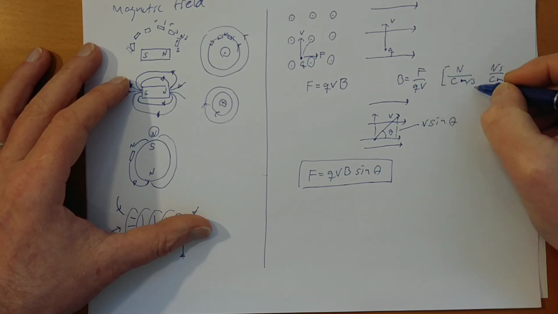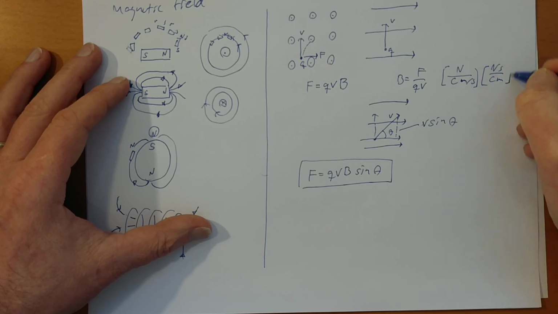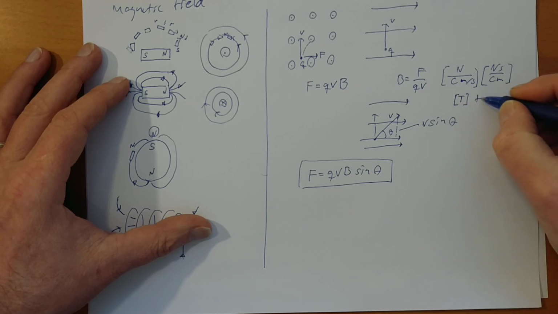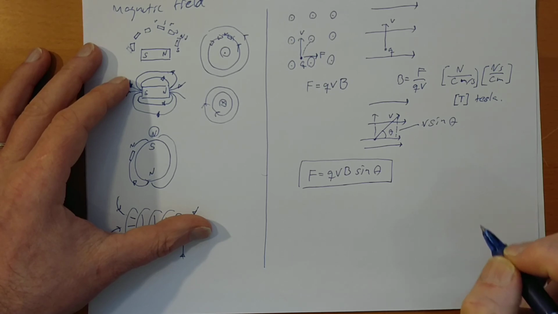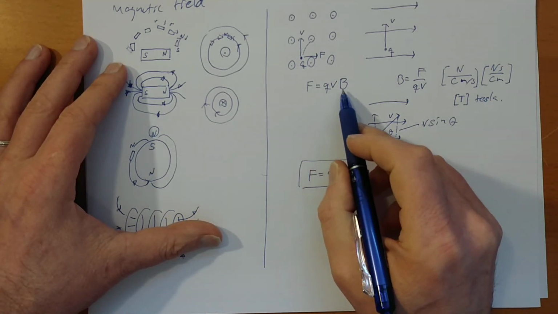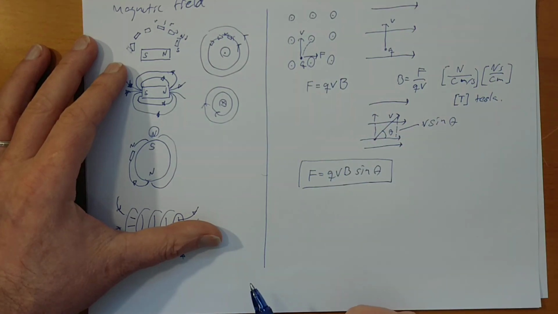Not a very convenient unit, so we will give it a new unit, and that is the Tesla, T. So we measure the magnetic field in Tesla, and the strength of that will be indicated by this. We can test the strength, so to speak, by looking at how a charge is moving.